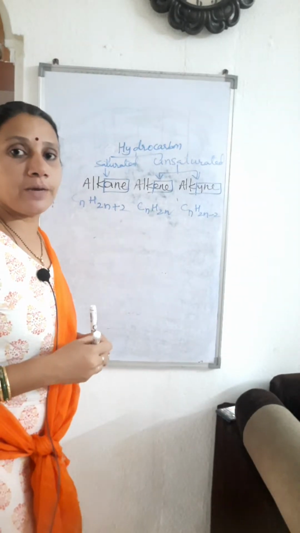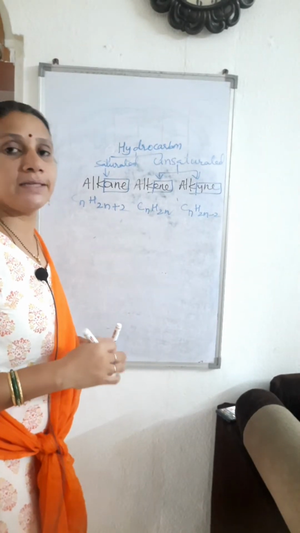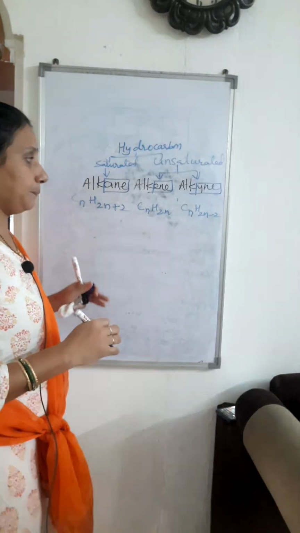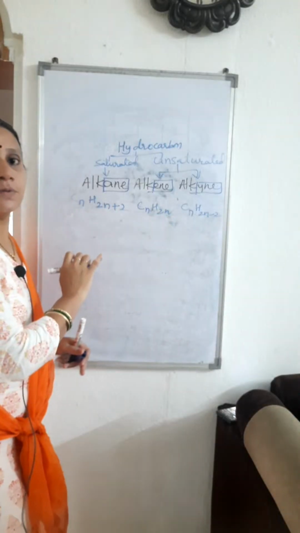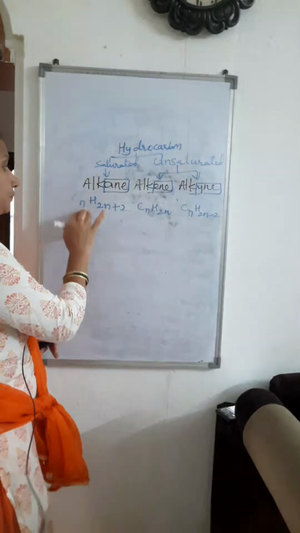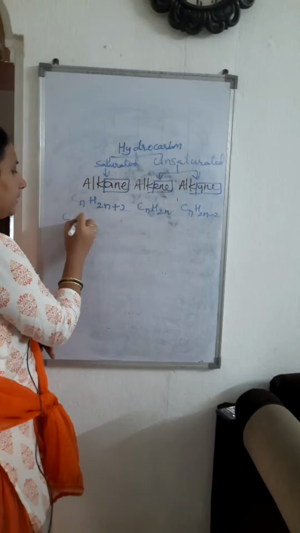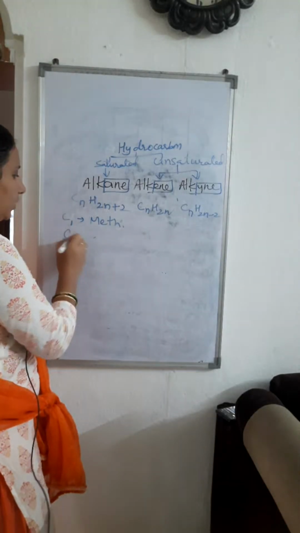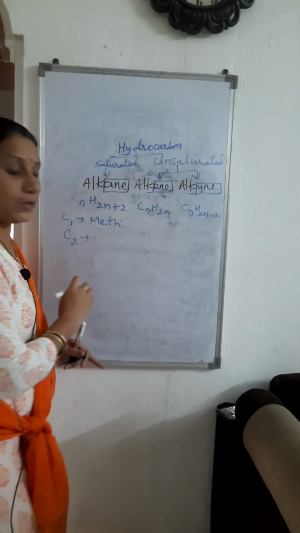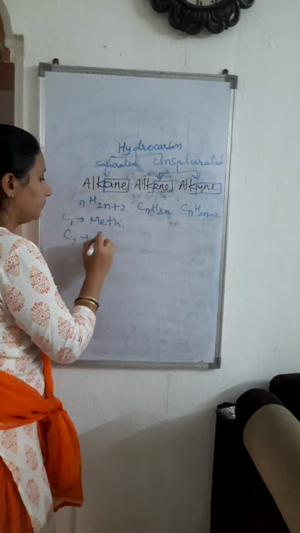Now, how do we make their formulas, how to write their formulas. This is the third step. As I told, n represents the number of carbons. So let's move on with that. If there is one carbon, we call it meth. If there are two carbons in the compound, we call it eth.